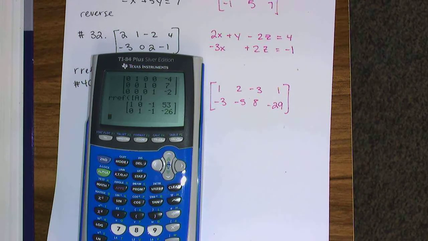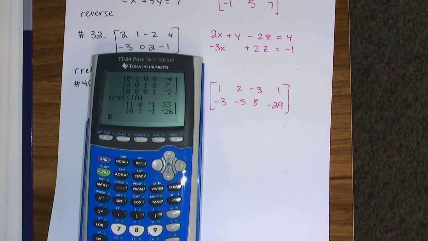Now, this doesn't look like it's row reduced necessarily, but this does not mean that it doesn't have a solution in this case.